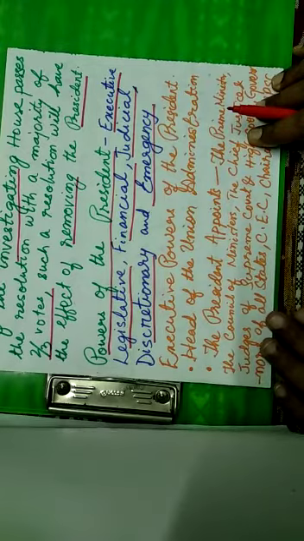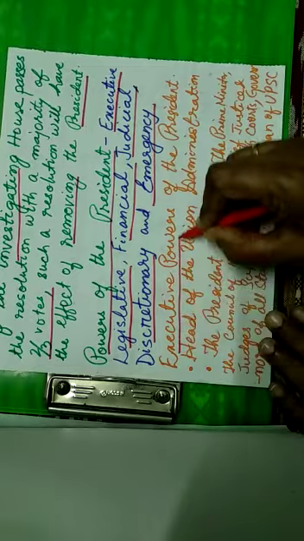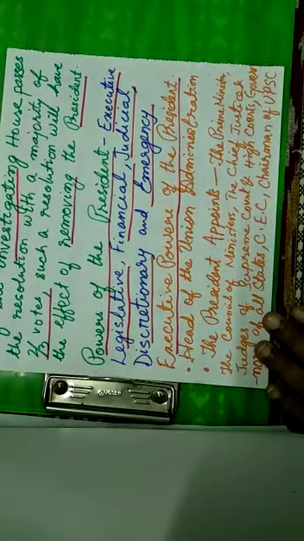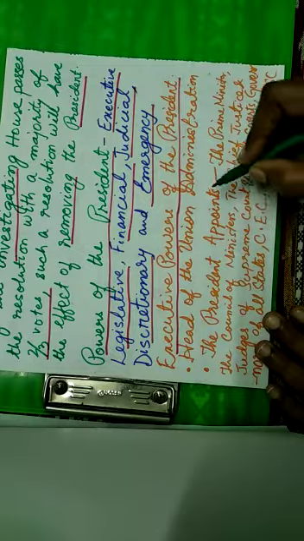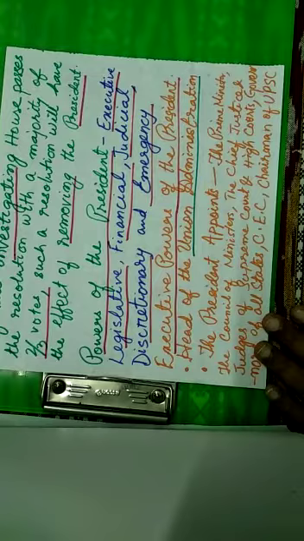First, we shall learn about the executive powers of the president. As the executive head of the union government, the president is also called the head of the union administration. All administration of the country is done in the name of the president.